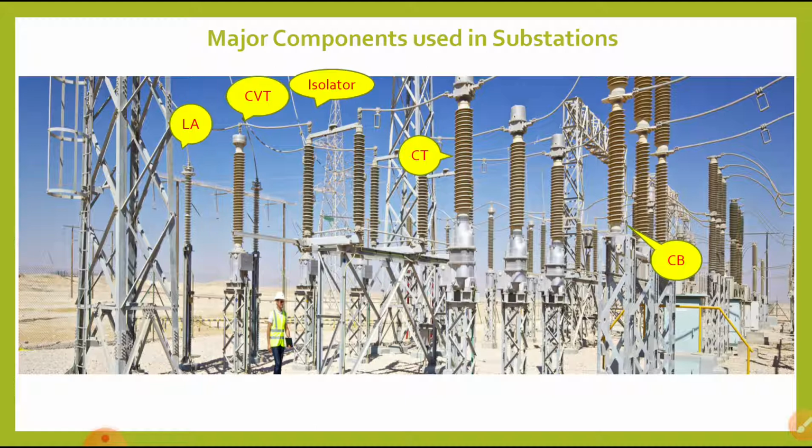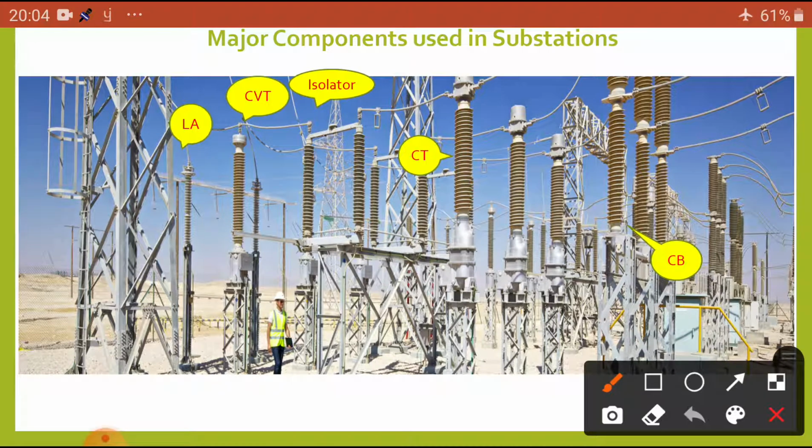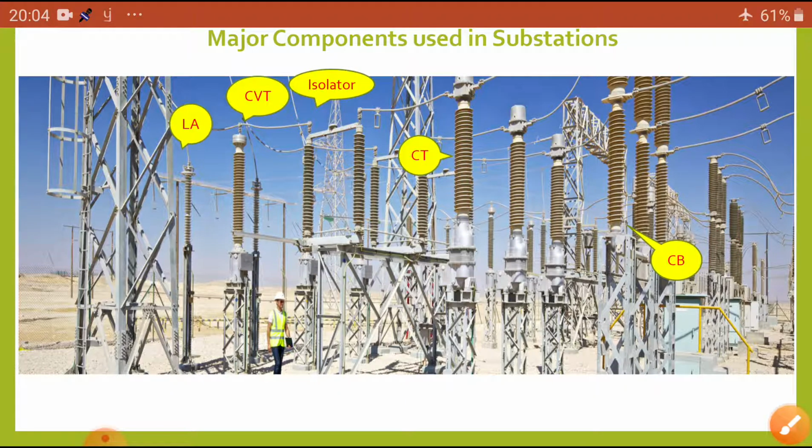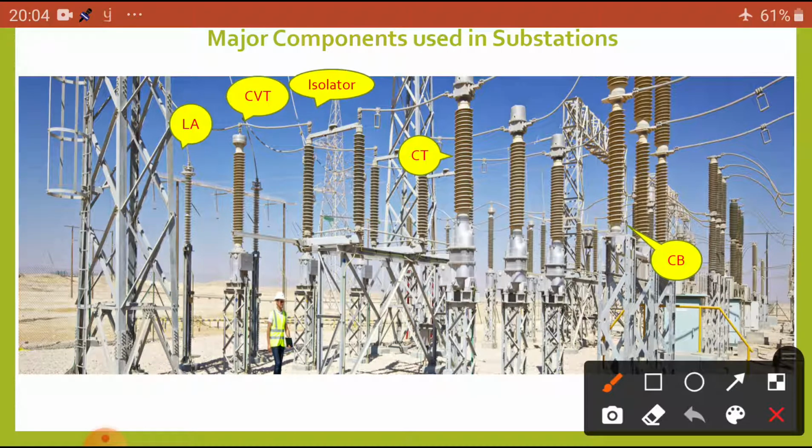Dear students, you can see here this is one line, and this is another line, two feeders. This is one feeder and this is the other feeder. These are before coming to the common bus bar. You can observe, dear students, this is a CB, this is a CT, this is an isolator, and a CVT, and this one a lightning arrestor.